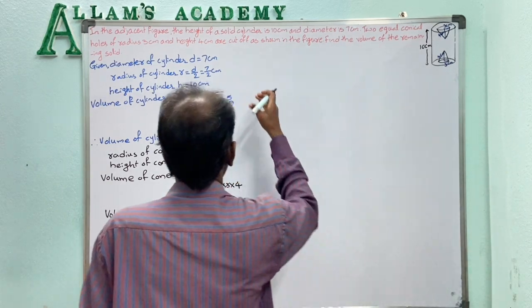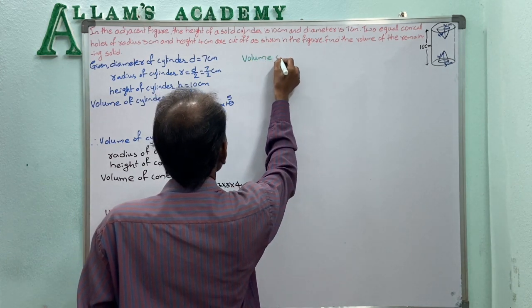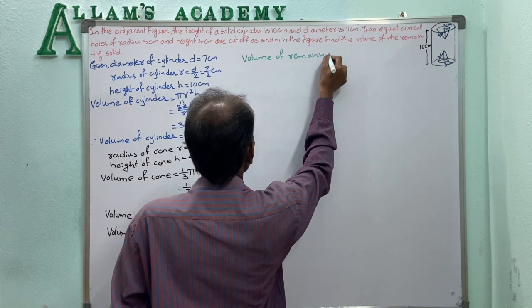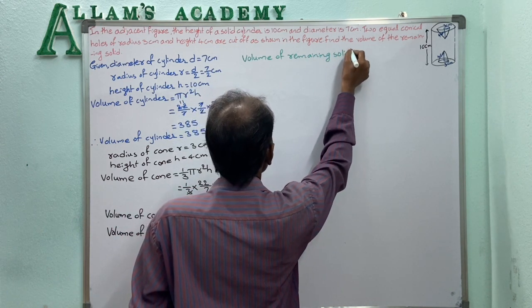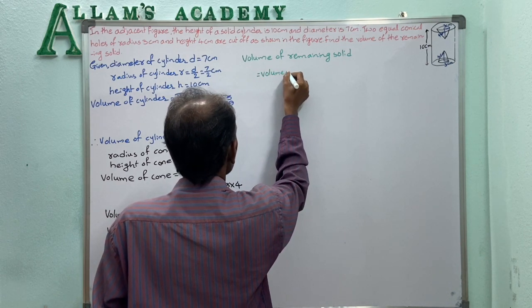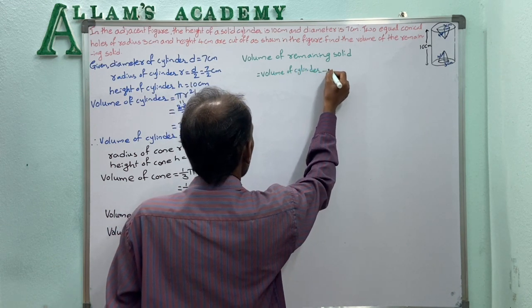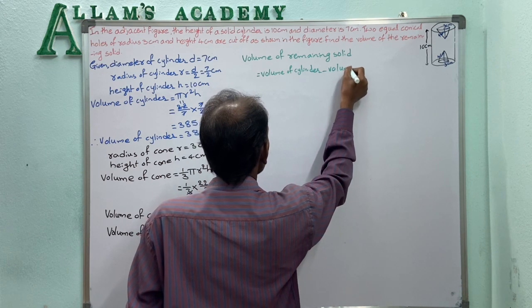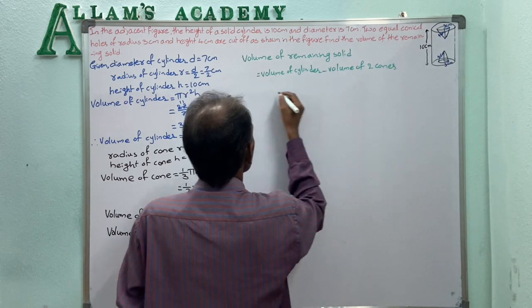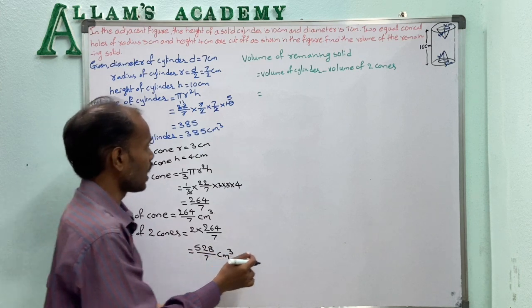So volume of remaining solid equal to volume of cylinder minus volume of two cones, that is equal to 385 minus 528 by 7.